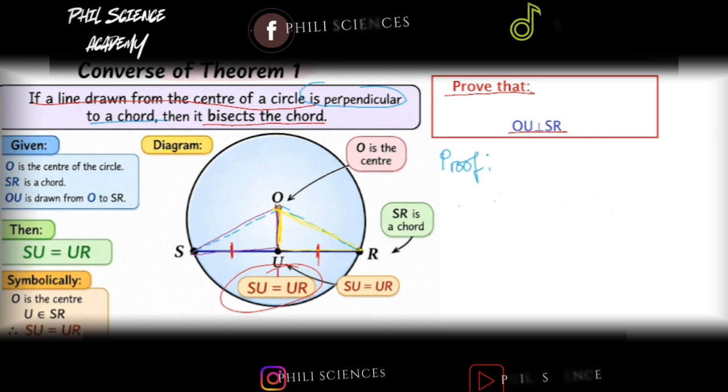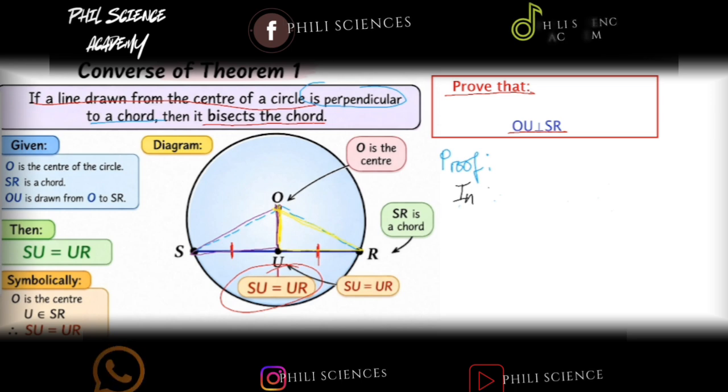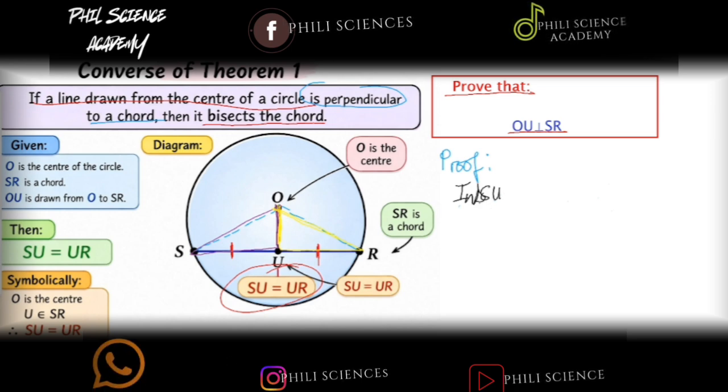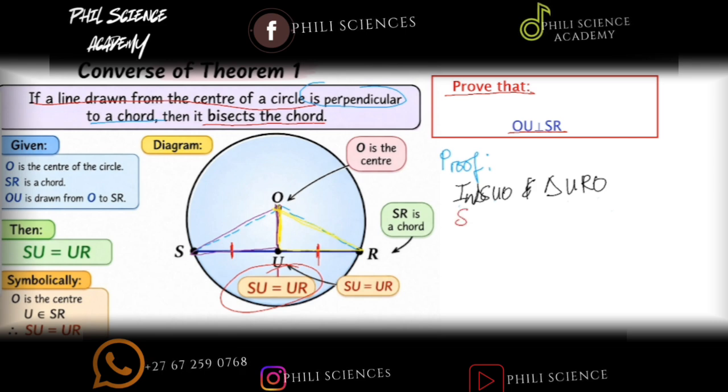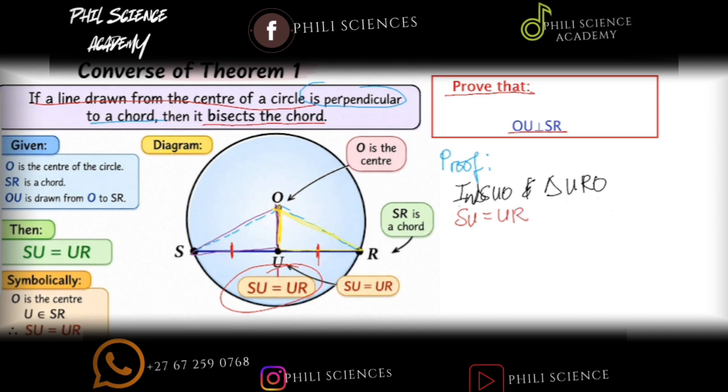Focusing on these two triangles, we are going to say in triangle SUO and triangle URO, SU is equal to UR, meaning this side on this triangle is equal to this side on the other triangle.